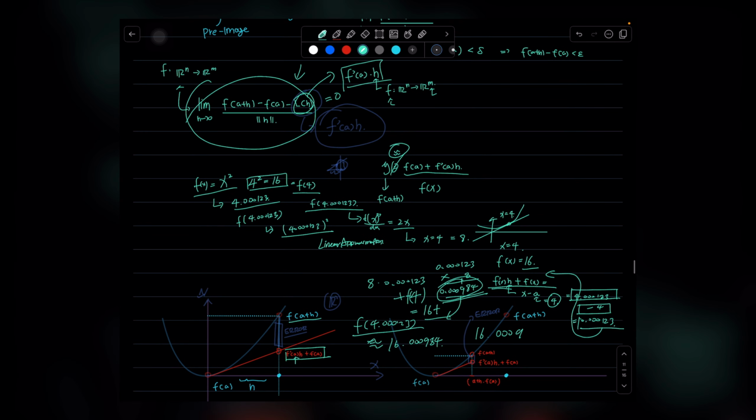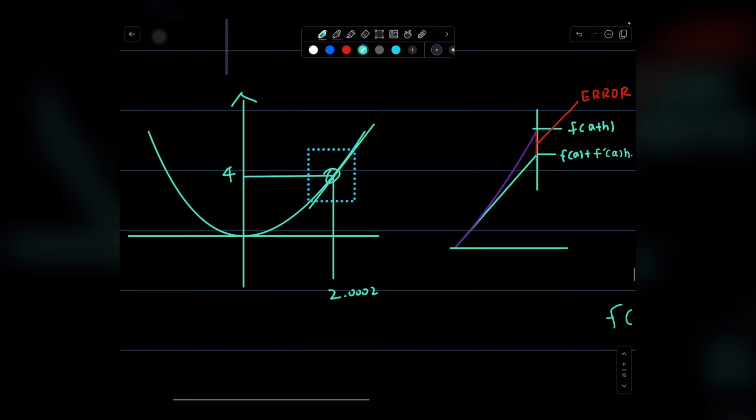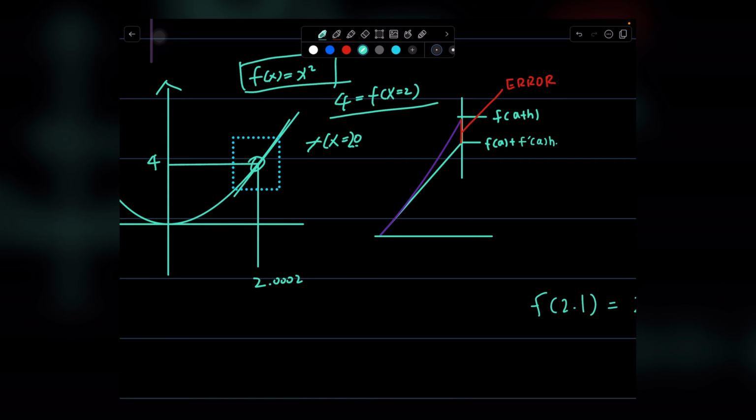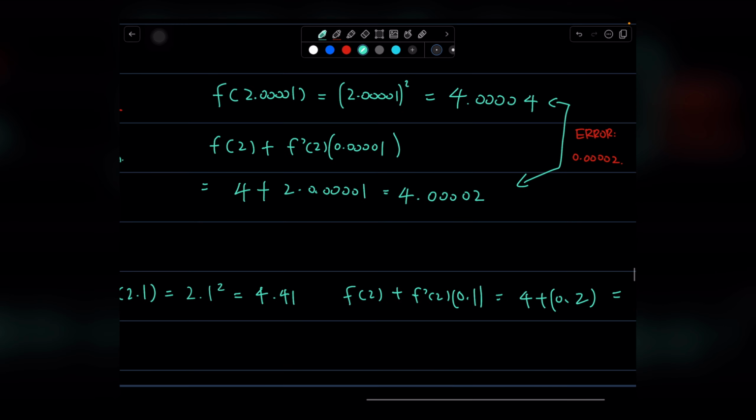So, what does this expression actually mean?